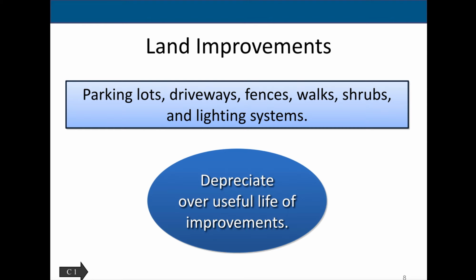In terms of land improvements, like I said before, this is very similar to how buildings work. Buildings are just a very specific land improvement category. So again, everything that goes into getting these parking lots ready to use, driveways, fences, etc., all of the costs associated with that go into the initial cost.